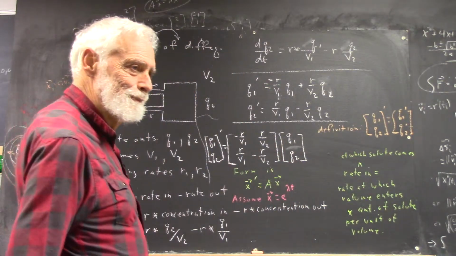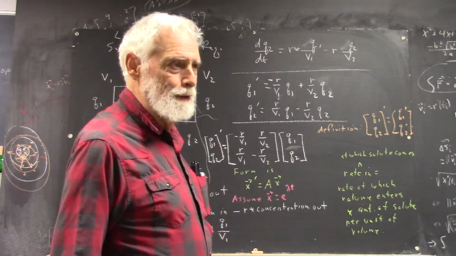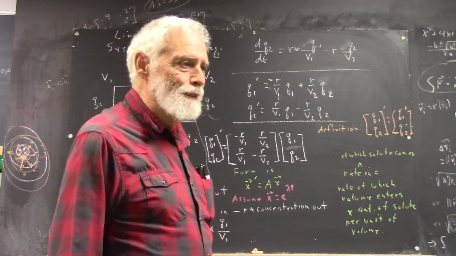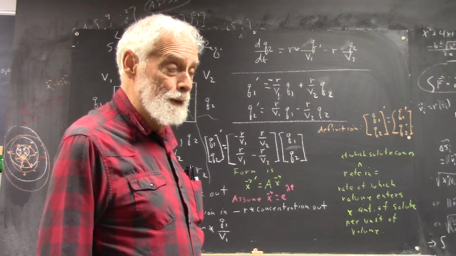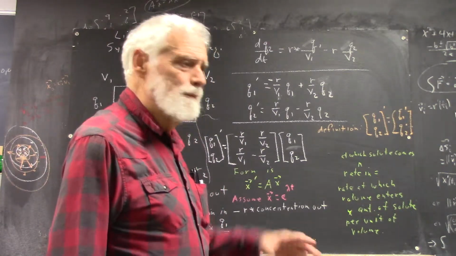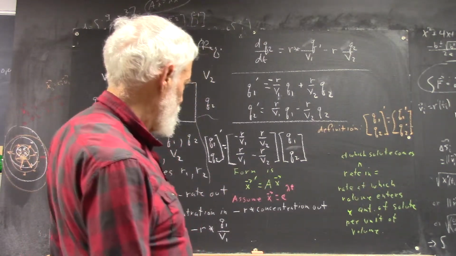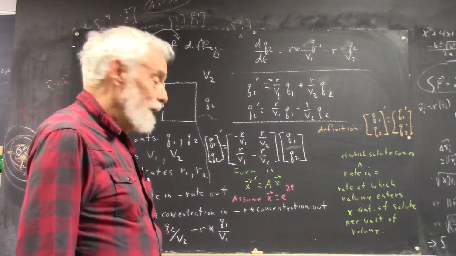first of all, you're familiar, you're used to using e to the rt or whatever. We're going to use e to the lambda t here, okay? Because we're going to end up finding eigenvalues and eigenvectors, okay? And very easy, because we're probably not going to go past 2 or 3 dimensions, okay?